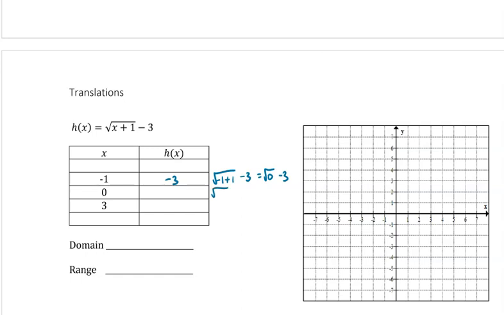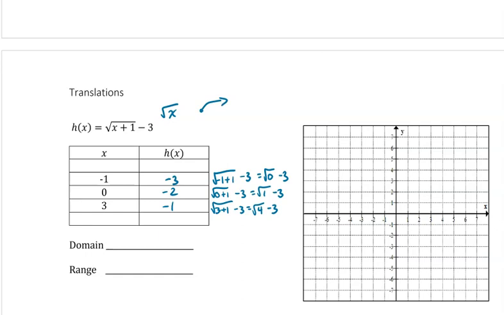All right, the square root of 0 plus 1 minus 3 is the square root of 1 minus 3, which is just 1 minus 3, which is negative 2. All right, last one. Square root of 3 plus 1 minus 3 is the square root of 4 minus 3, which is 2 minus 3, which is negative 1. All right, keep in mind, this looks like the square root of x. So we have that kind of eyebrow looking shape.